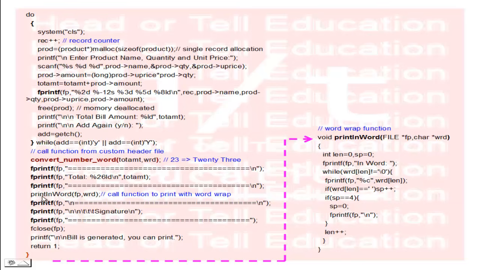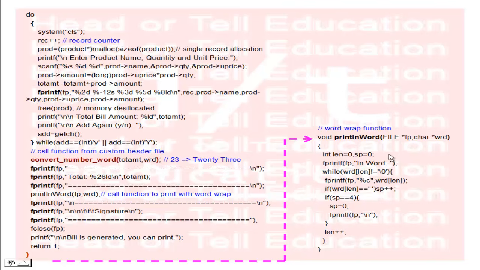Now println word. I am calling this function inside this, passing the file pointer and word. The word is 369 if available inside it. So we call this function, and we come here to println, because now this is the word wrap function I created.